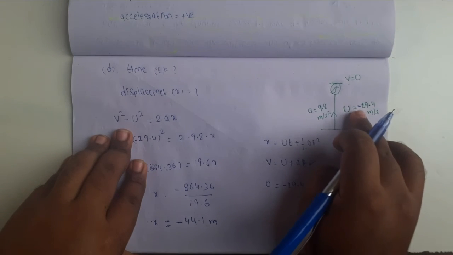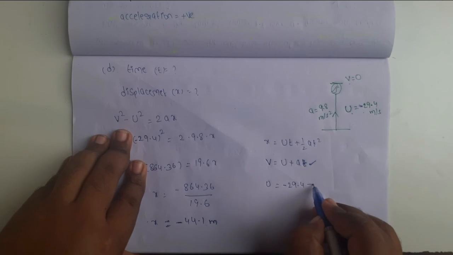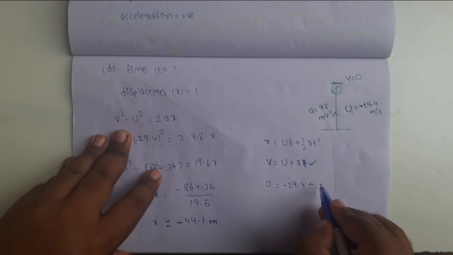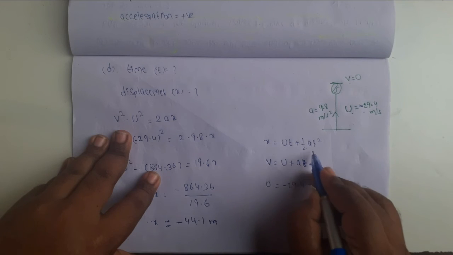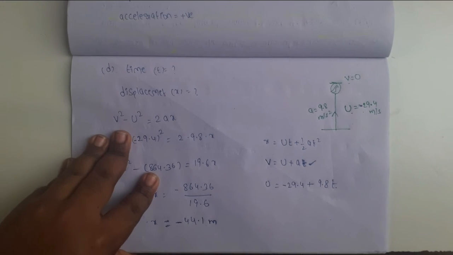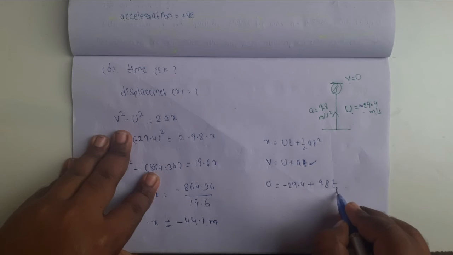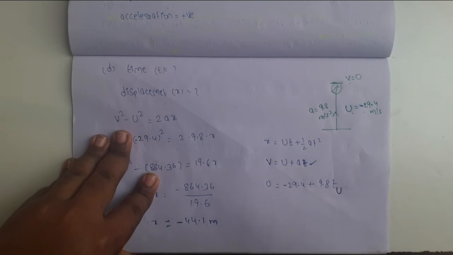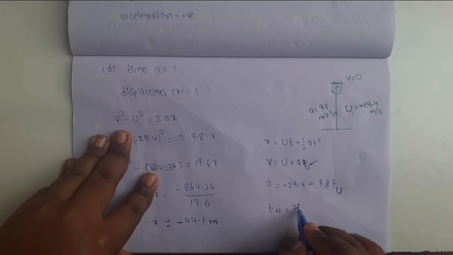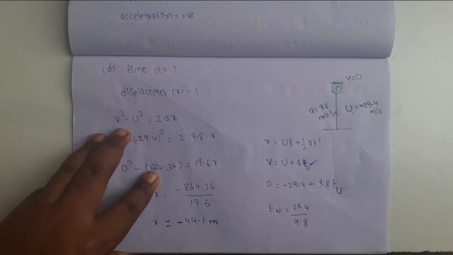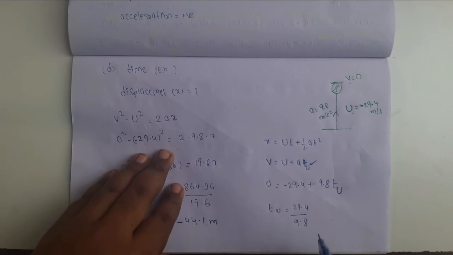Why? Because the velocity is in the opposite direction, plus acceleration 9.8 times t. Here the ball is moving in the upward direction. So t up equals 29.4 divided by 9.8, so t up equals 3 seconds.